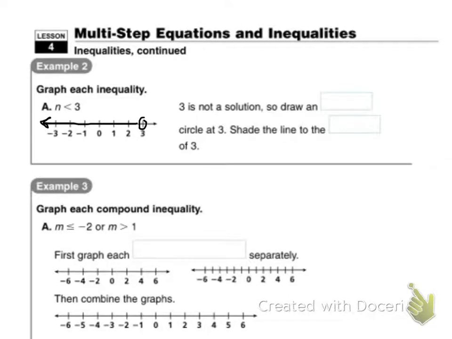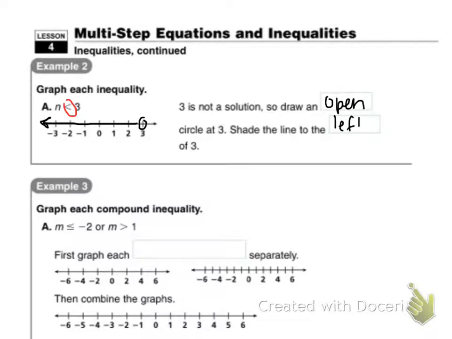So on page 2, we're going to graph each inequality. So it says n is less than 3. 3 is not a solution, so when we are graphing this on a number line, because it does not include 3, but it's everything less than 3, you draw an open circle at 3.